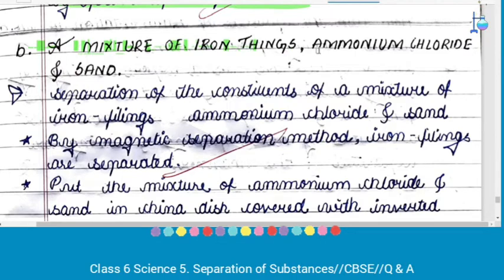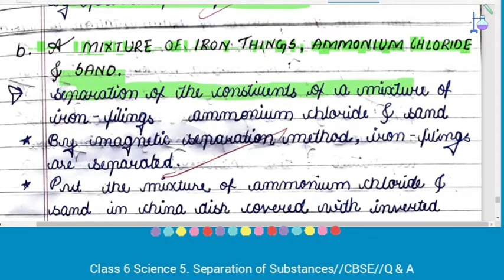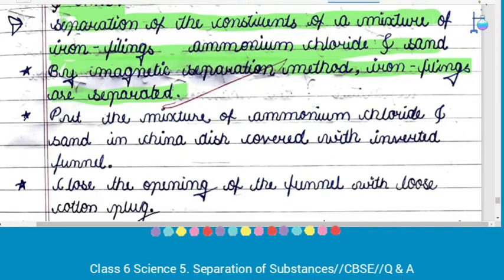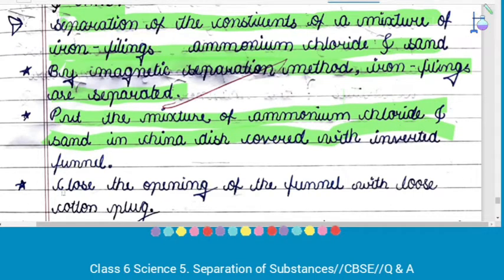A mixture of iron filings, ammonium chloride and sand. Separation of the constituents of a mixture of iron filings, ammonium chloride and sand by the magnetic separation method. By the magnetic separation method, iron filings are separated. Put the mixture of ammonium chloride and sand in a china dish covered with an inverted funnel.